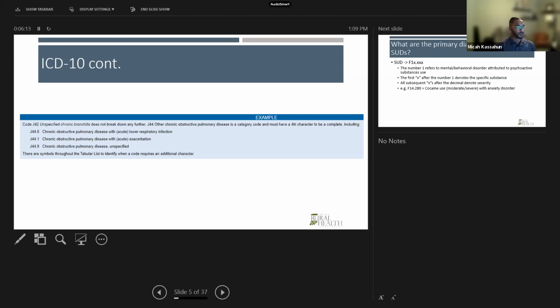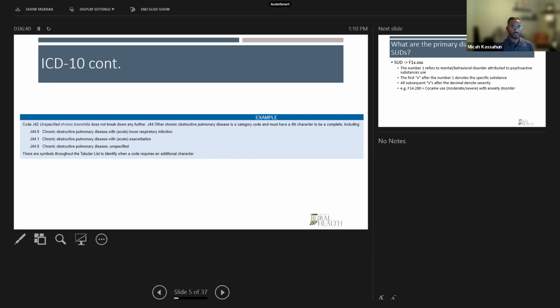So there's a .0 after that J44. Anything after the decimal tells you more about the severity of the diagnosis and how specific the issue is. The more numbers after the decimal you have, the more granular and specific you can get with the diagnosis code.